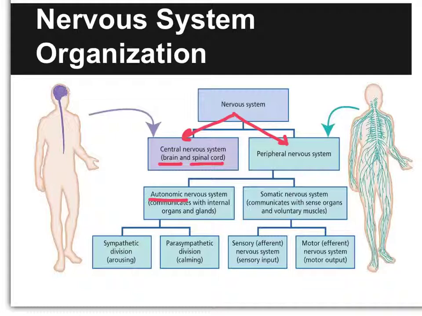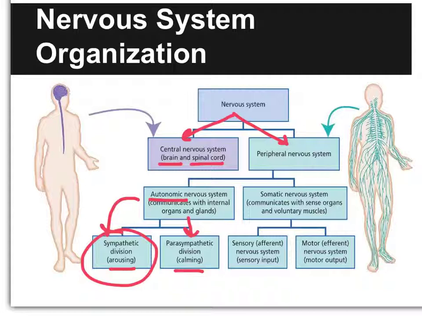So if we take a look at the autonomic system, we can understand the sympathetic division as well as the parasympathetic division. We call this the arousing division or the calming division. So when your body gets worked up, when you get really nervous and jittery, when you go through your fight or flight response, the sympathetic division of your autonomic division of your peripheral nervous system is being activated.